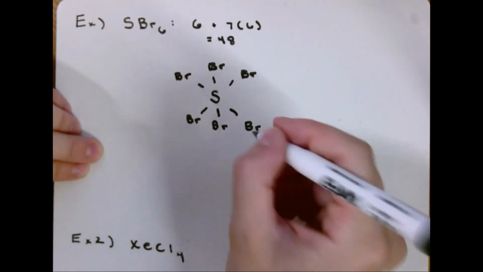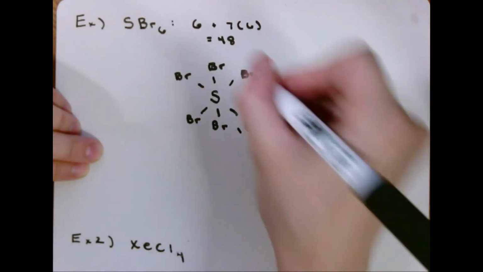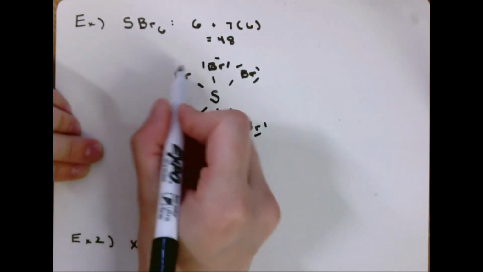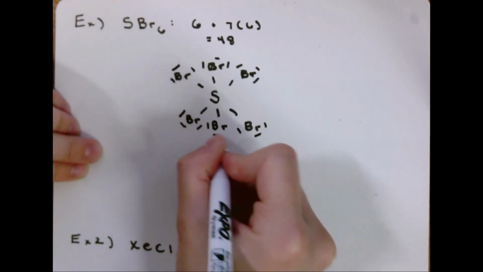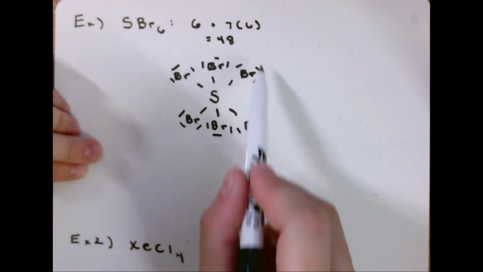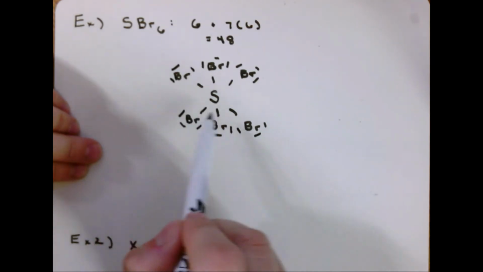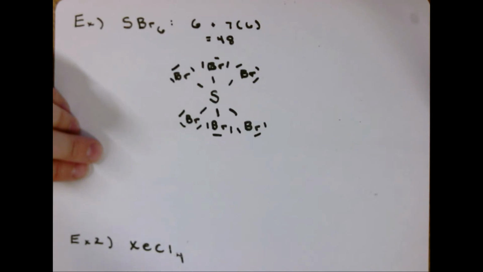Okay, remember everyone wants 8 valence electrons, so I'm going to add 6 to each bromine so it can have a total of 8. Okay, and when I count my total number of valence electrons, 2, 4, 6, 8, 10, 12, 14, 16, 18, 20, 22, 24, 26, 28, 30, 32, 34, 36, 38, 40, 42, 44, 46, 48. I'm using 48 valence electrons. So this is my structure.